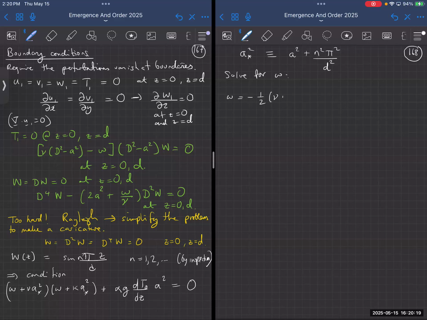So what you get is nu plus kappa A star squared plus or minus, and then 1/2 of the square root of nu plus kappa A star squared to the 4th, plus, this term is really important, alpha G delta T over d, A squared over A star squared, minus nu kappa A star to the fourth, and then all of this to the 1/2 power.